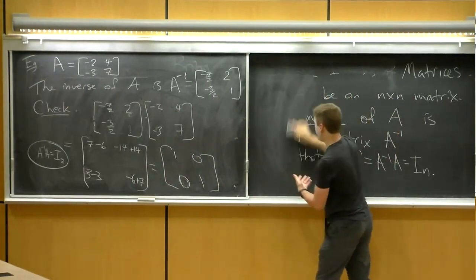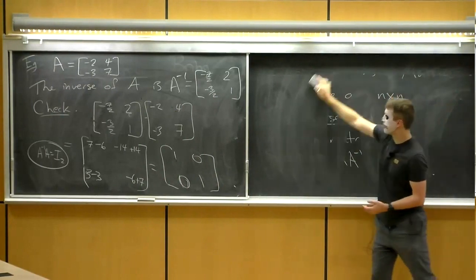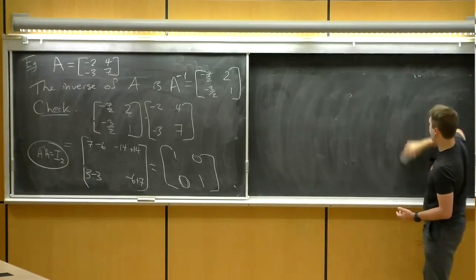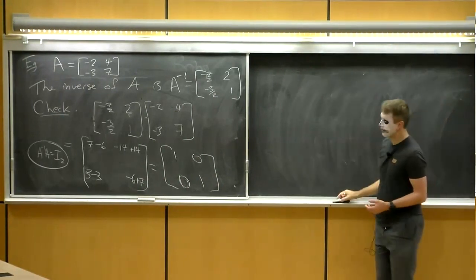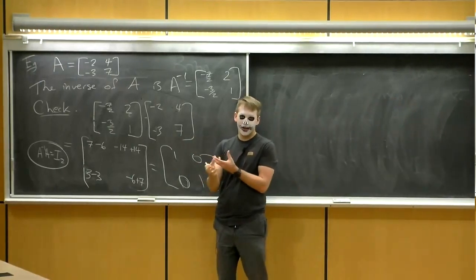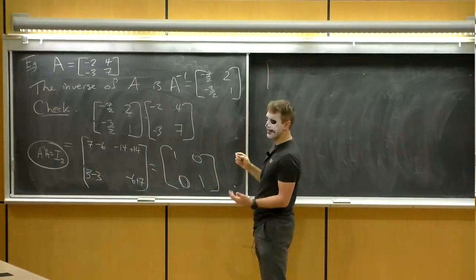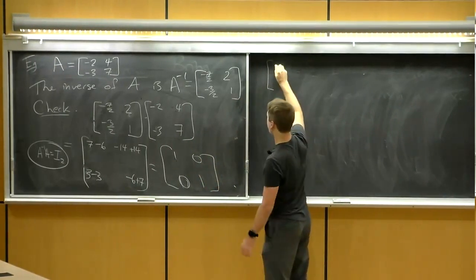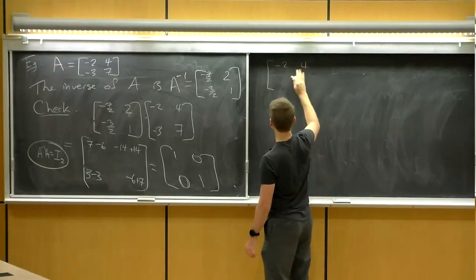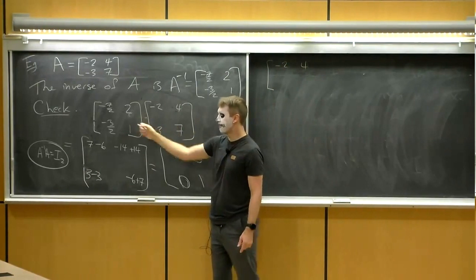And if you go back to the definition of inverse I gave you, to check that something's the inverse, you have to multiply it both ways. But in a minute, we'll see that that's actually not necessary. But just for the sake of this example, let's multiply it the other way. Let's do A times A inverse.